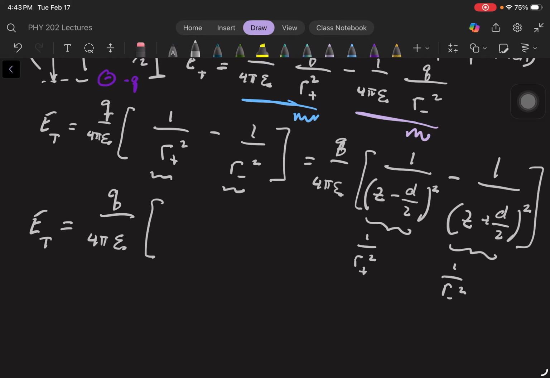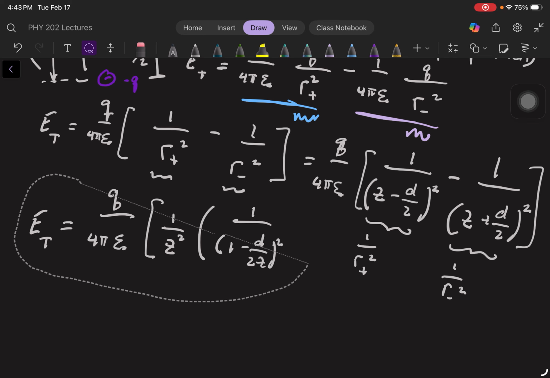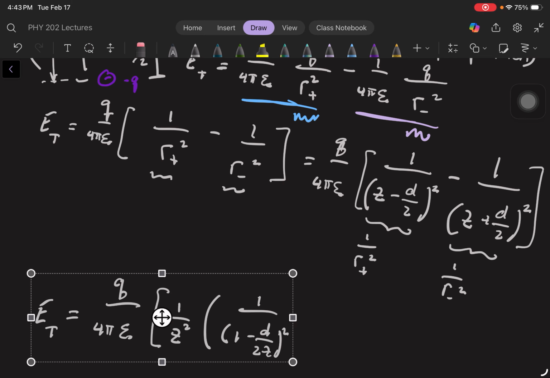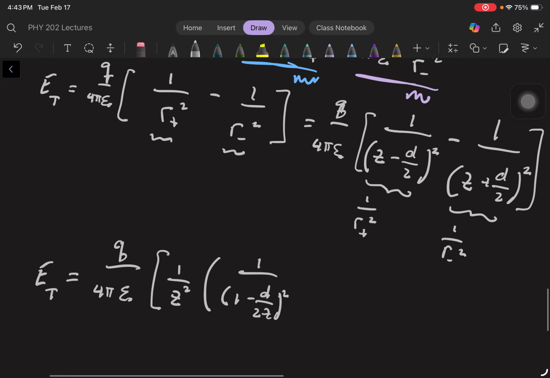If we pull out a one over Z squared, we get 1 over 1 minus d over 2z squared. Okay, that'll fix that. Minus 1 over 1 plus d over 2z squared.